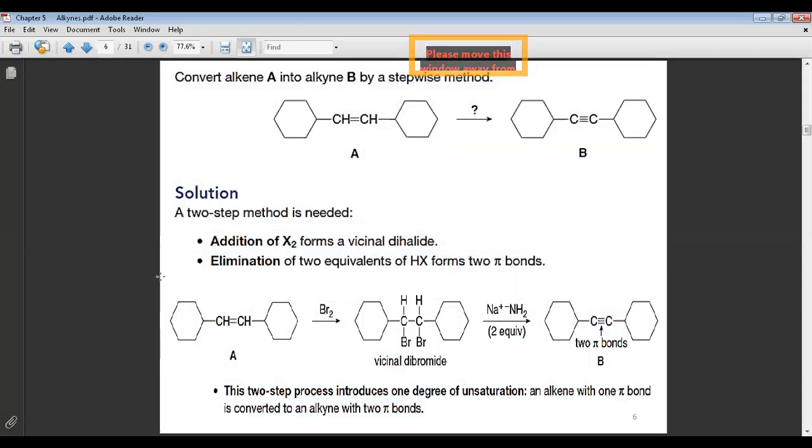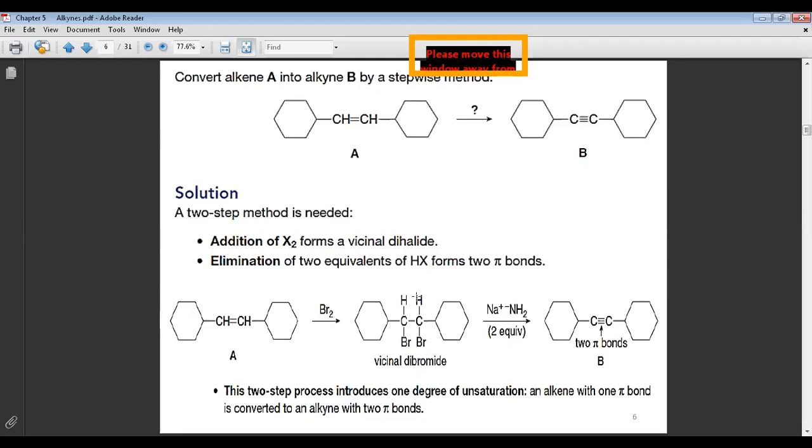Now step number 1, look: addition of the halogen Br2 on the double bond gives you Br. The second step is the elimination by using strong base, that means removing 2 HBr.